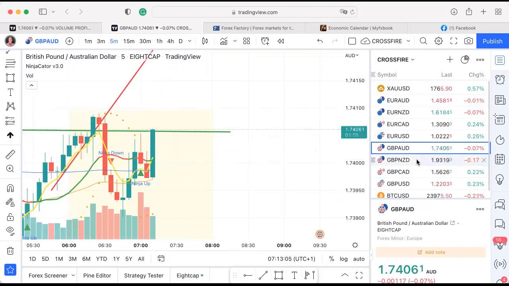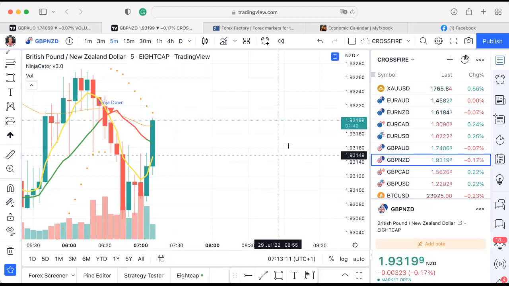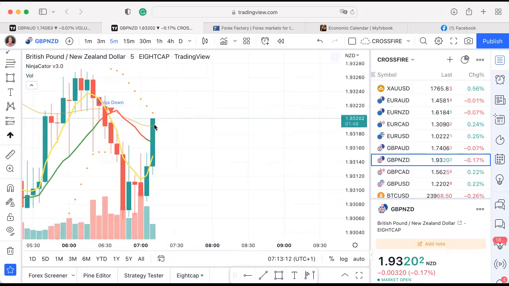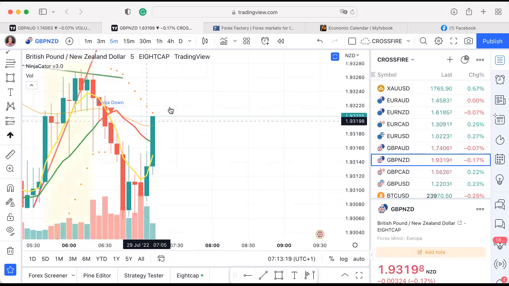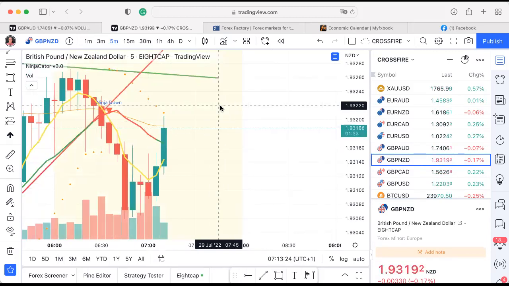So just very quickly going to run through and then going to stop recording. I've also lost my lines, but anyway, it's the same situation. When my lines reappear, there we go. We've got a green line, which it hasn't broken through yet.